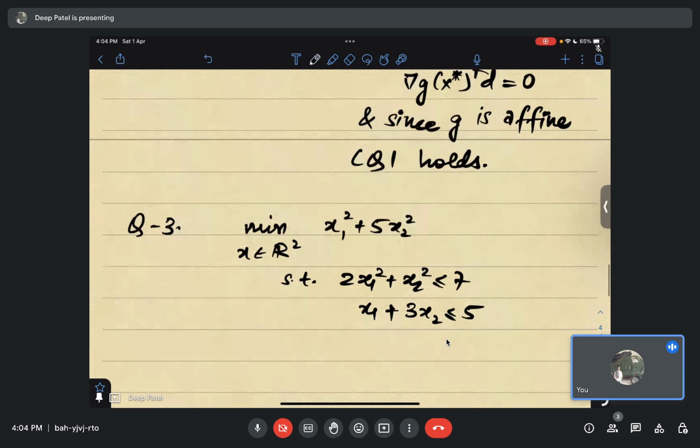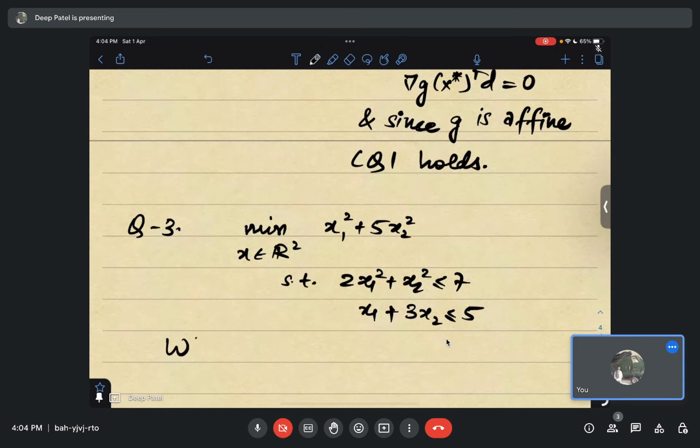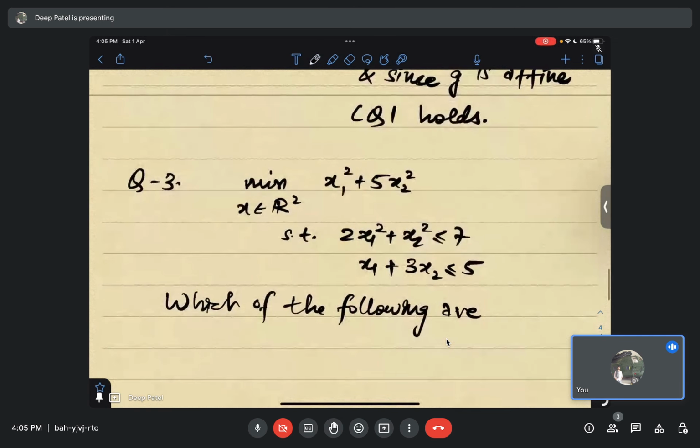So the question is, which of the following, and I'll mention the candidate points in a minute, but we are looking for Slater points.